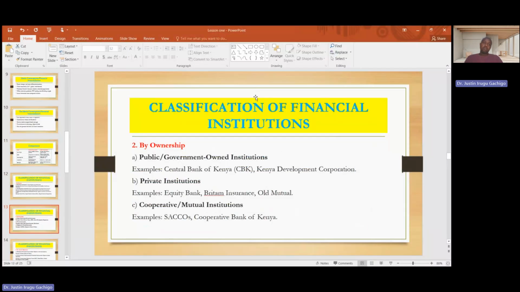So these are owned by individuals or shareholders. We have Equity Bank, Britam, and Old Mutual. Just examples. Then you have cooperatives and or mutual institutions. These are SACCOs or the Cooperative Bank of Kenya. They are owned by the mutuality principle.